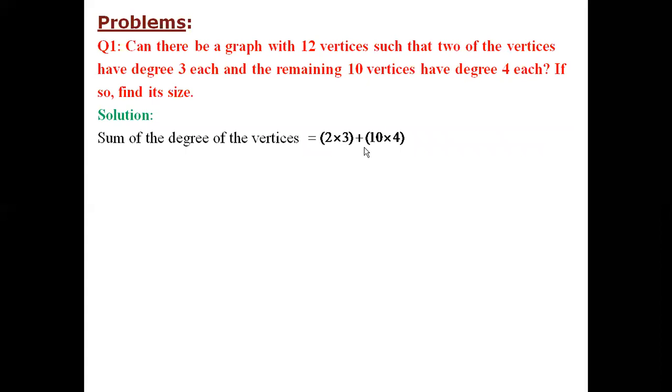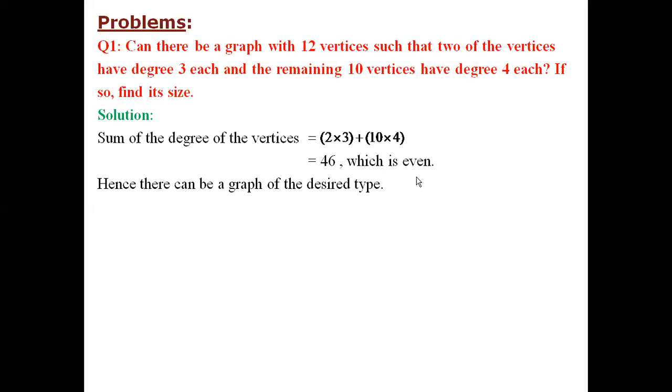So 2 into 3 plus 10 into 4 is equal to 46, and we observe it is an even number. According to the handshaking property, if the sum of the degrees of the vertices is an even number, then such a graph exists.